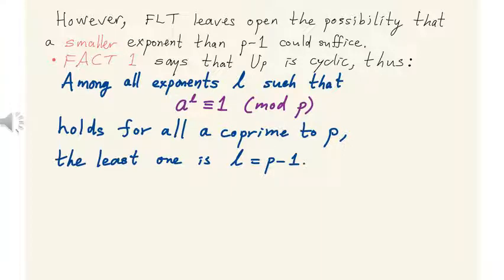So the reason why the fact that U_p is cyclic is strictly stronger than Fermat's little theorem is that Fermat's little theorem leaves open the possibility that perhaps a smaller exponent than p minus 1 could suffice in the statement of the theorem.